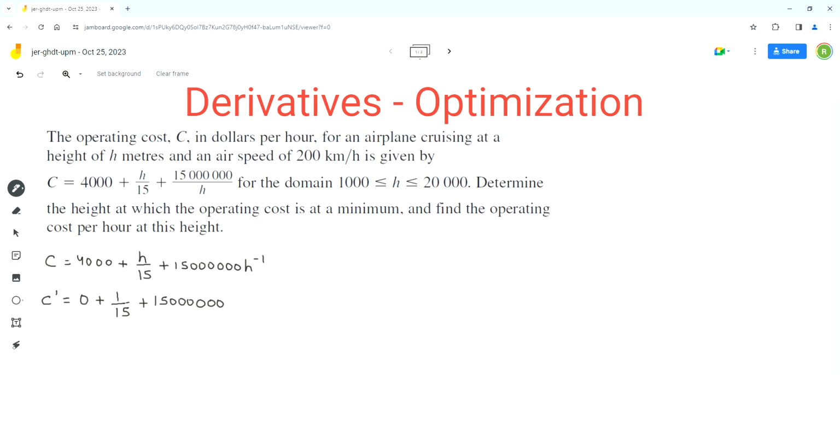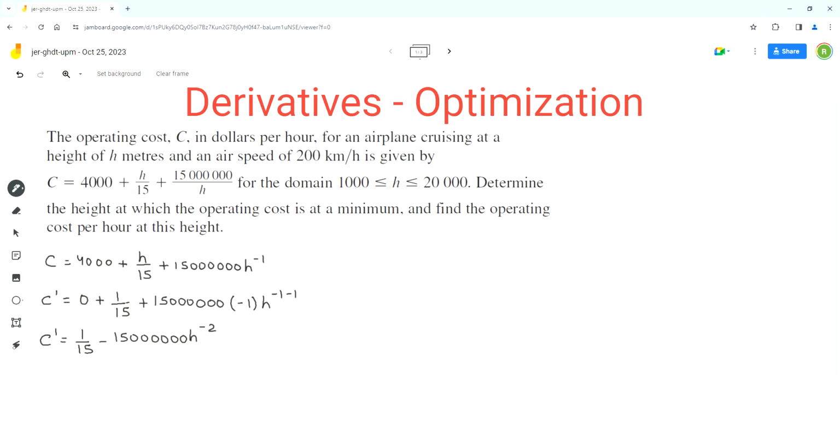And for h exponent -1, we'll use the power rule. As per the power rule, the -1 will come to the front and we subtract 1 from the exponent. Now we can simplify this expression. So C prime equals, 0 goes away, so we get 1 over 15 minus 15 million h exponent -2.